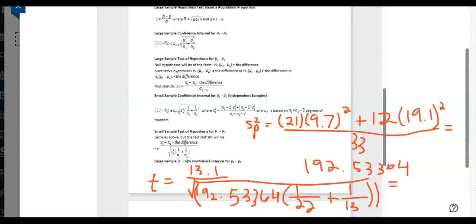And when I stick this into the calculator, I get 2.699, which is our test statistic.